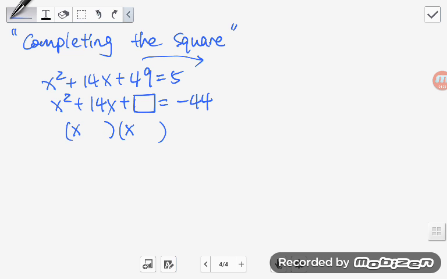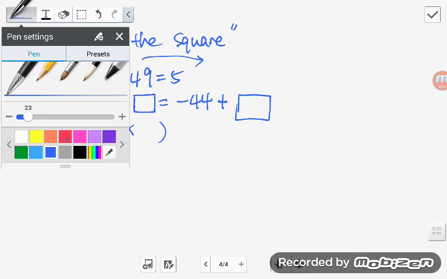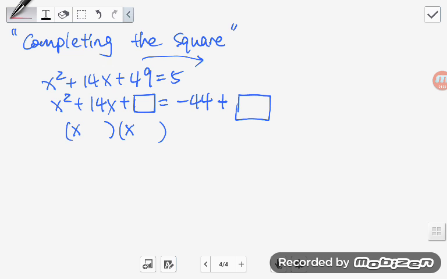Now, this number I'm adding to the left, so in order to keep my left and right balanced, I also have to do the same thing to my right. So how do I figure out what number that is? It's actually a lot easier than it sounds. Regardless of the sign here, we don't care about the sign. We only care about the coefficient of your x, which is 14.